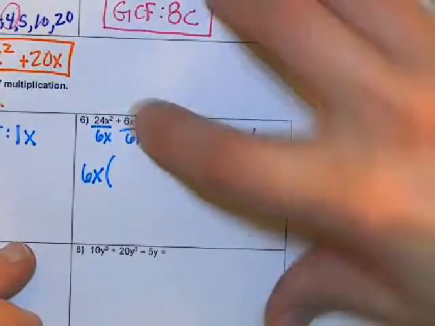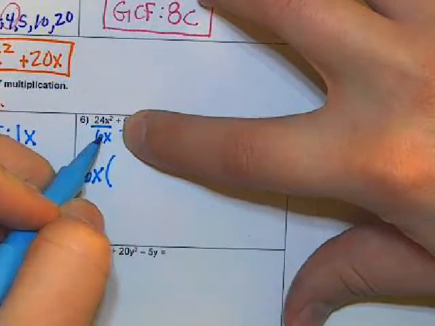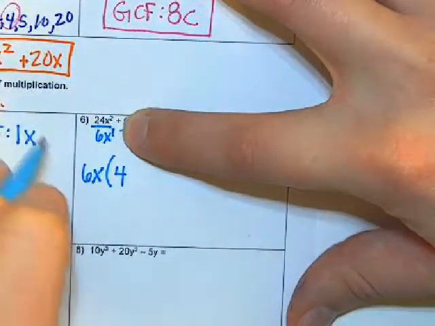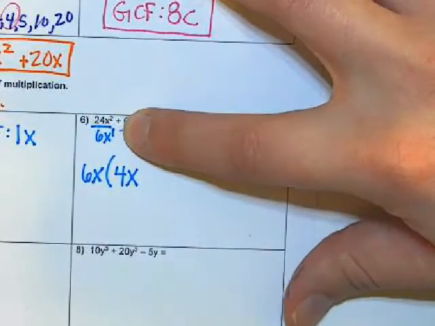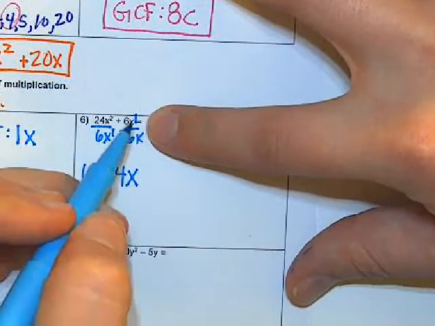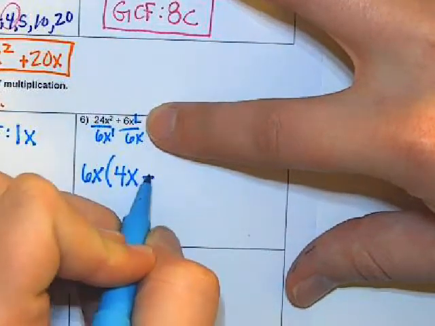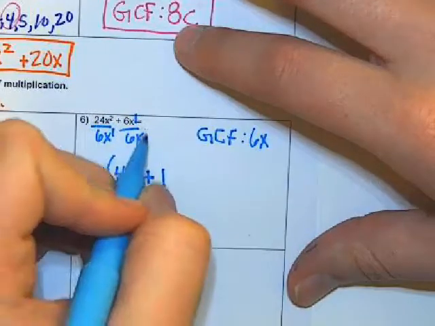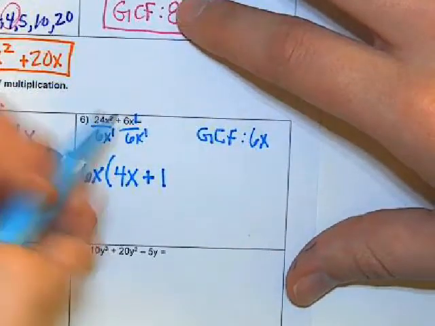Okay, now we're going to divide. 24 divided by 6 is 4. Then I subtract the exponents. 2 minus 1. Just regular x. Good. Then I do the second term. 6 divided by 6. Positive 1. And I subtract my exponents. 1 minus 1. 0.